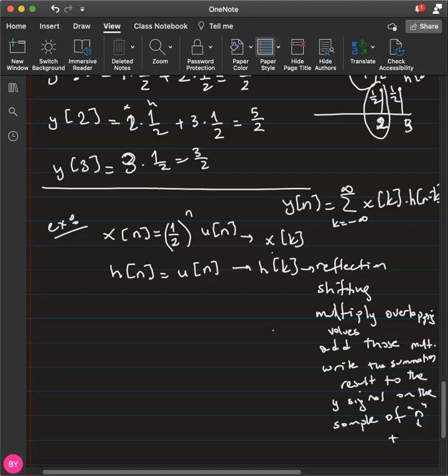N means the amount of shifting that we have done. So these are the steps that we are performing. Let me do it one by one.